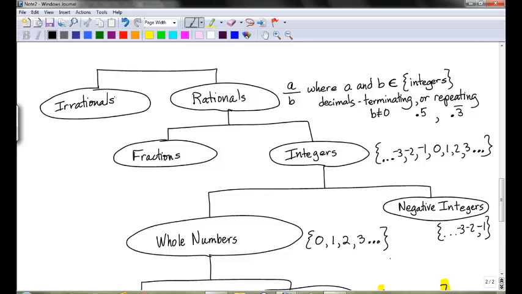Examples are square root of 2. No matter how hard you try, you cannot put that in the form a over b, where a and b are integers. Square root of 3 is another example. Square root of 5 is another example. Probably the most famous irrational is pi.